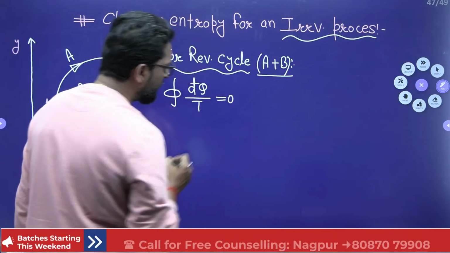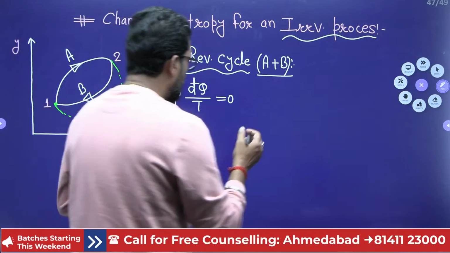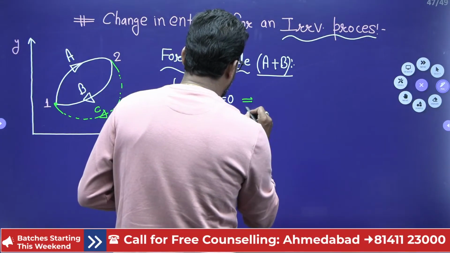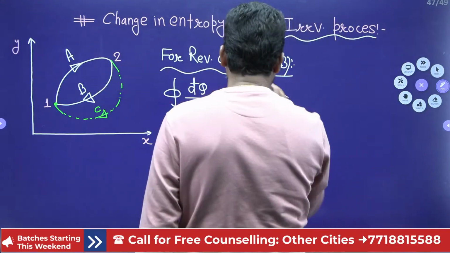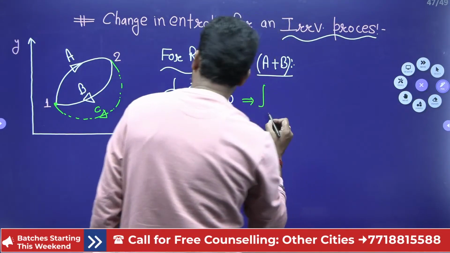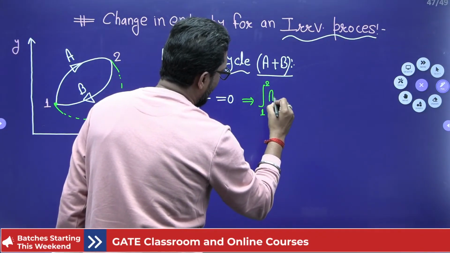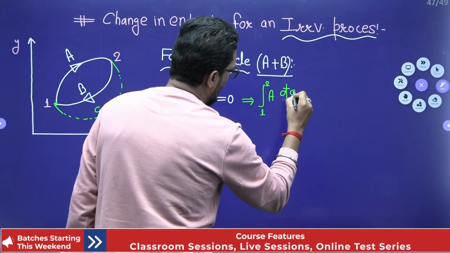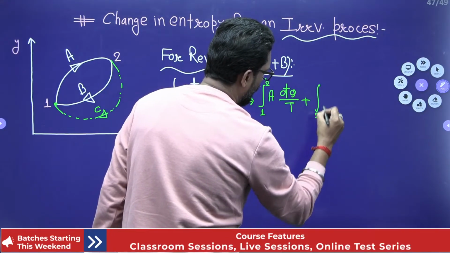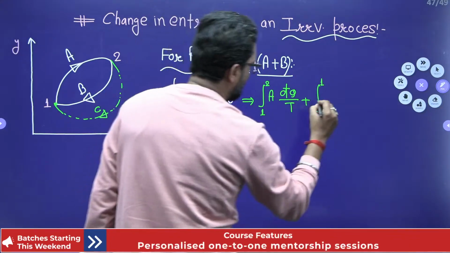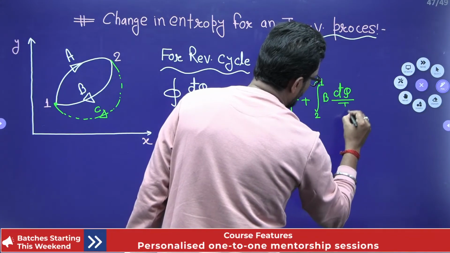We know this; this is the Clausius relation. So if we split this cycle into processes for the reversible manner, that means 1 to 2 via path A dq by T plus reversible 2 to 1 via path B dq by T, and this is 0.